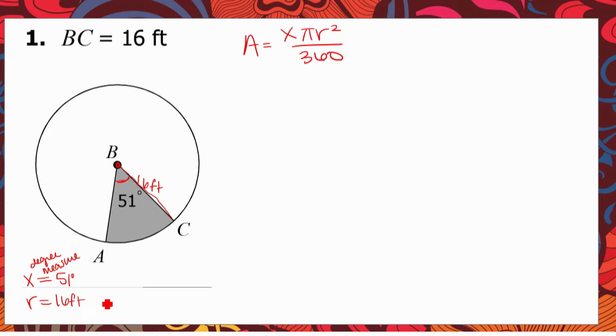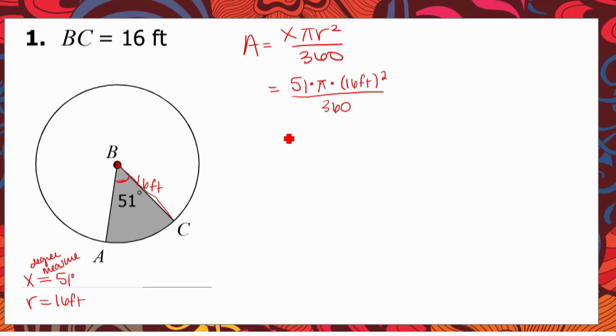So to solve for the area, instead of writing x, we'll put that 51 in there. We'll keep the pi, because it's just a number. r is 16 feet, and again, it's squared. And then we're going to divide all that by 360.